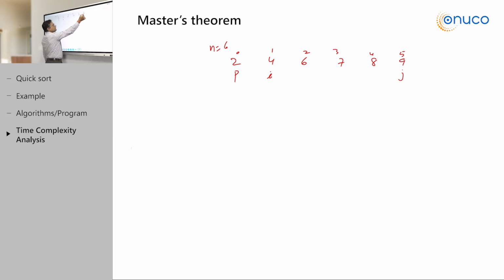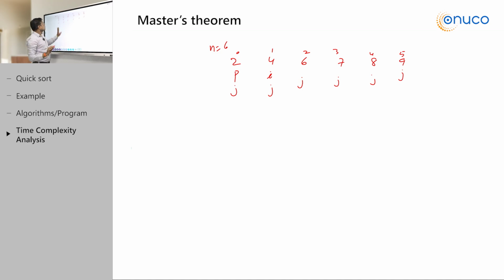While A of J is greater than the pivot element, J will decrease. Is 9 greater than 2? Yes, J decreases. Is 8 greater than 2? Yes. Is 7 greater than 2? Yes. Is 6 greater than 2? Yes. Is 4 greater than 2? Yes. Is 2 greater than 2?